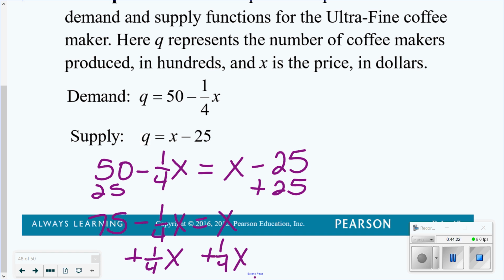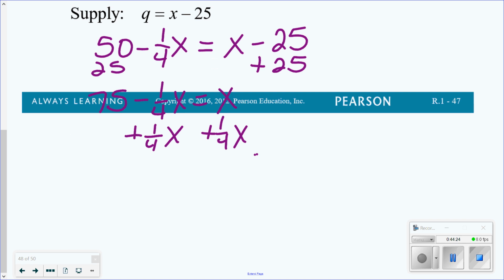And when I do that, okay, remember, this has a coefficient of 1. And in a fraction form, 4/4, common denominator, is the same as 1. So now I have 4/4 plus 1/4. So I have 75 equals 5/4 x.